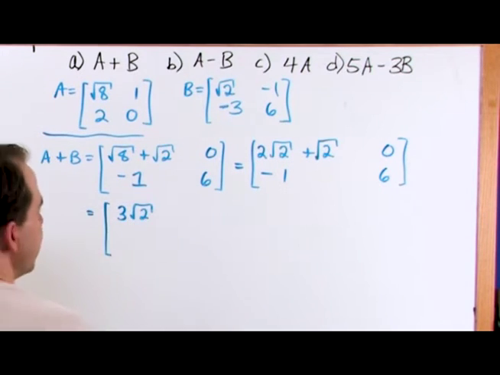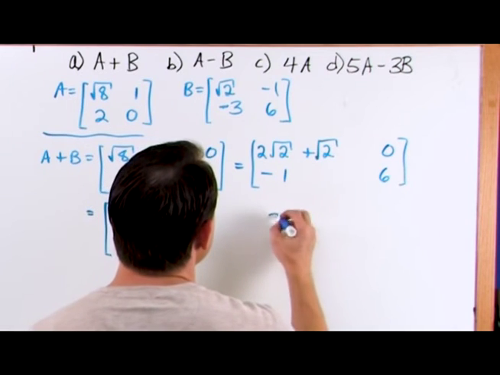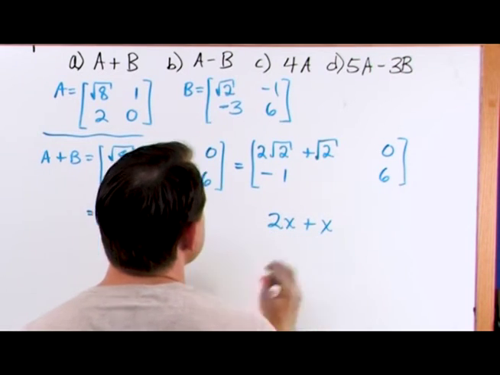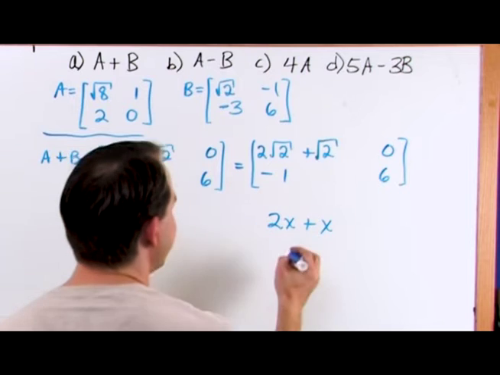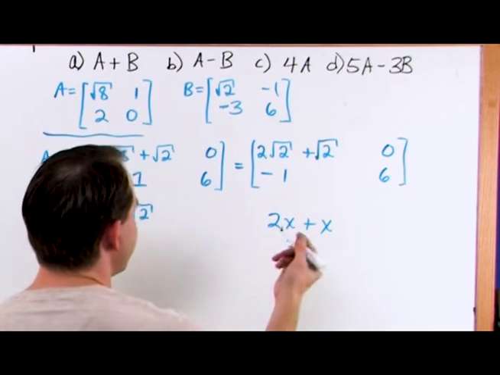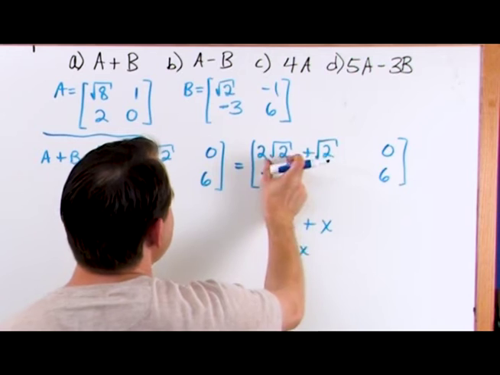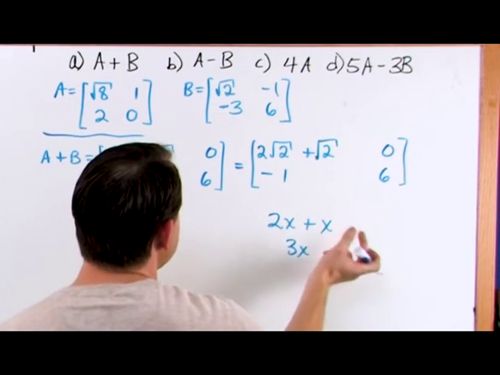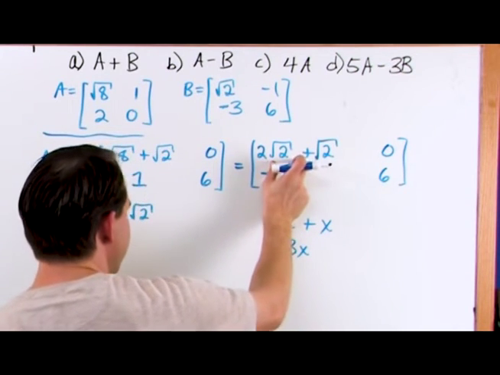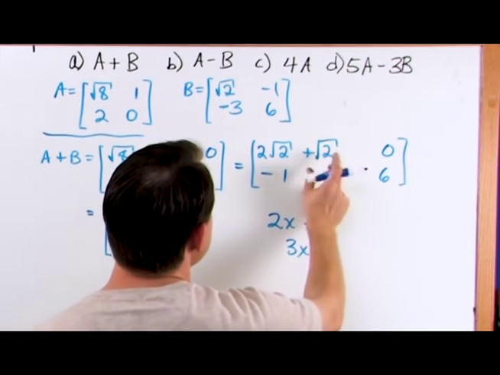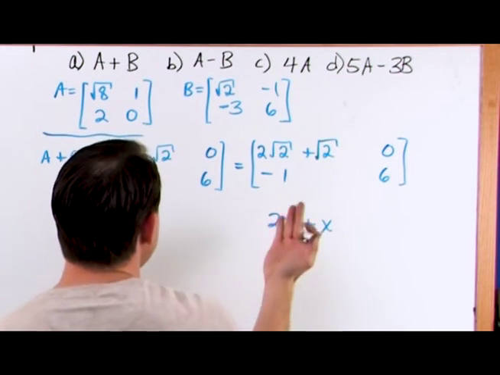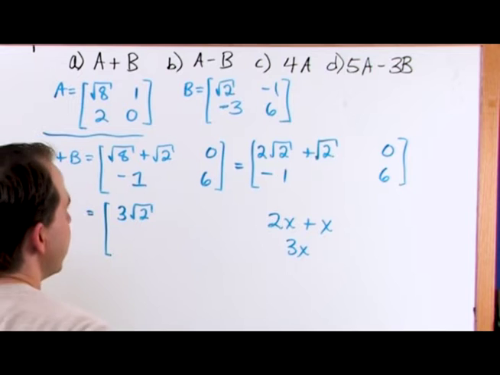If that looks foreign to you, what does the following look like? 2x plus x. Okay, I think you remember from Algebra 1, that's just 3x. You just add the coefficients, right? This square root of 2 is the common factor here. It behaves like the x did here. So because I have 2 of these things called square root of 2, and another one of these things over here called square root of 2, I add them together, I have a total of 3 of these things called square root of 2.